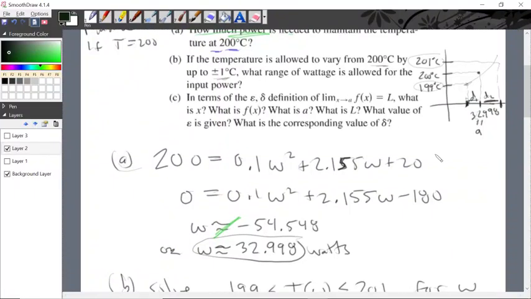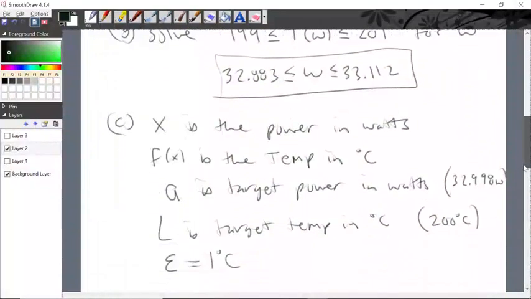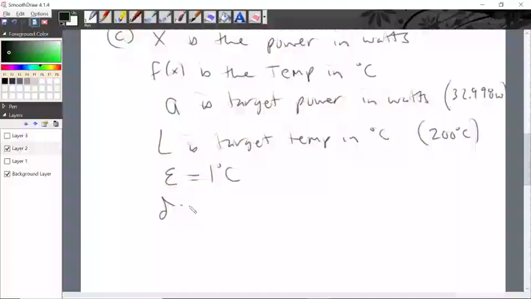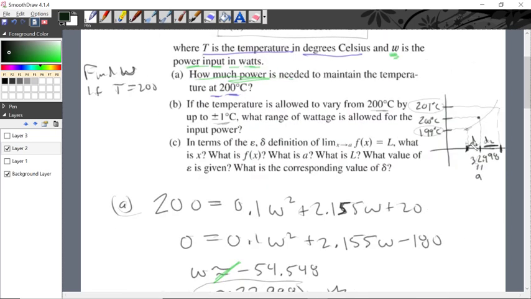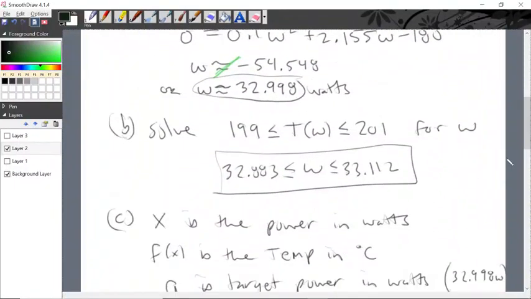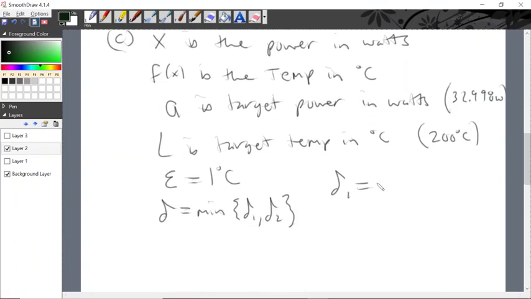What is the corresponding value of delta? To find out what delta is, we need the minimum of delta 1 and delta 2. Delta 1 can be found as the distance, I've noted it here, from the left boundary to A. So from 32.883 to 32.998.